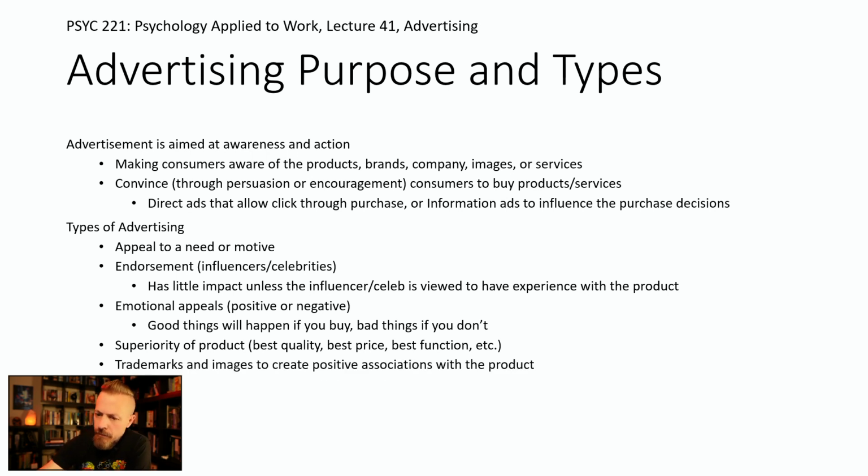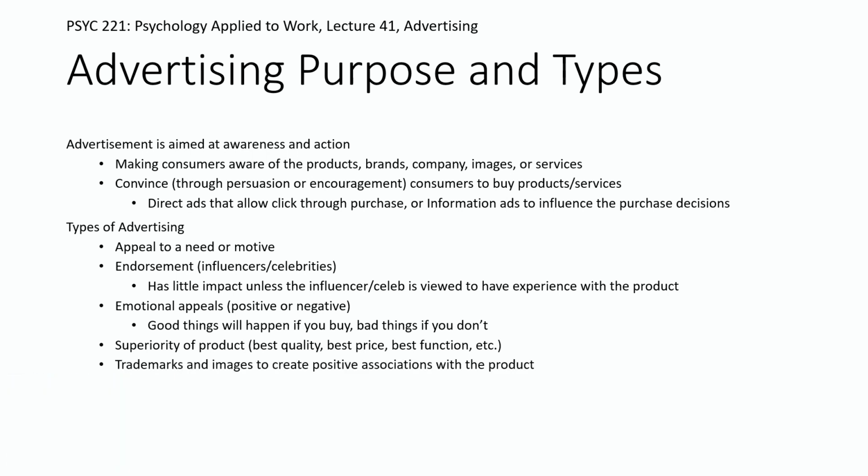And sometimes advertising is designed around trying to get the trademark seen, trying to get the broader brand associated with this. You might see an advertisement for a particular make and model of a car, but you might actually see an advertisement just for the make of the car.